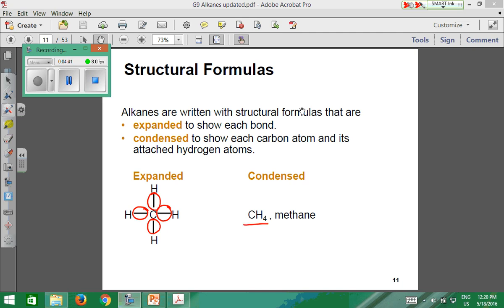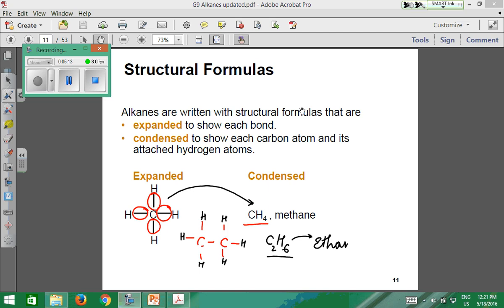For the next member, 2 carbons and the rest all hydrogens. This is the expanded structural formula showing the bonds. If I condense it, it will be C2H6. The name of this is methane, the name of this is ethane.